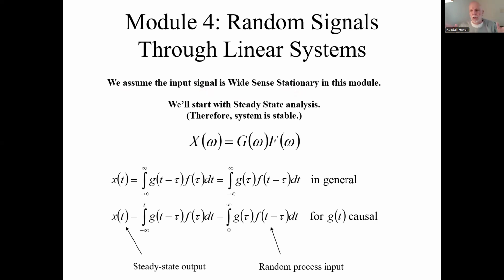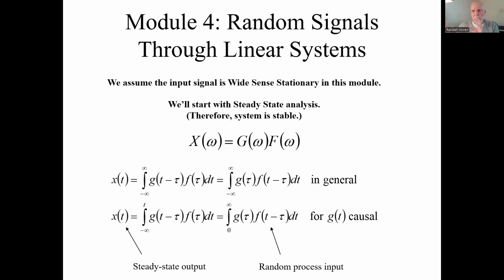And in general, to talk about random processes through linear systems, we could talk about time domain analysis, or we could talk about steady state analysis, like frequency domain analysis. And we're going to do that.